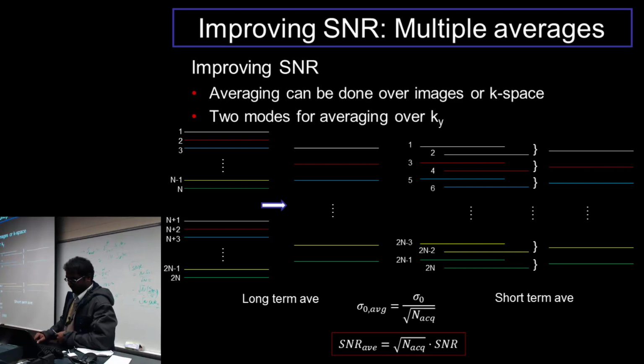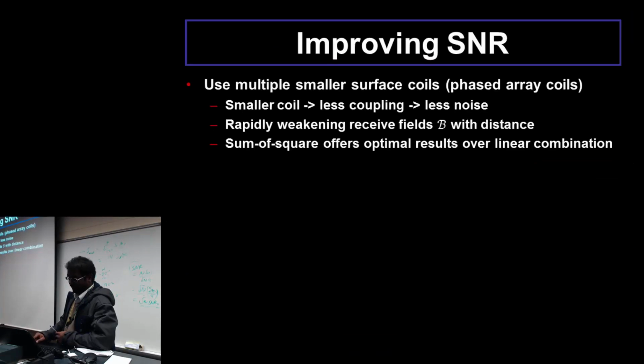So the noise decreases, or you can look at it as SNR increasing by square root of N. Now there are other ways of improving signal to noise ratio using phased array coils, where if you remember the first slide, you had sigma coil, sigma body and sigma of electronics. If you have a large coil, typically the birdcage coil, the whole sample is coupled with the coil, meaning the body related noise is quite large because of the spatial extent of the coupling between the sample and your coil.